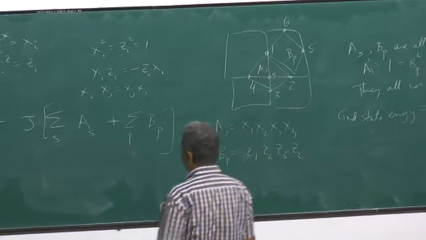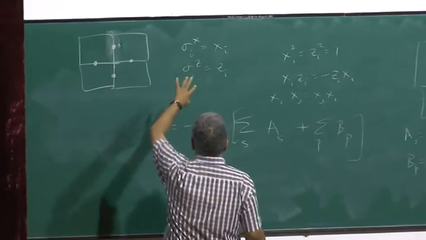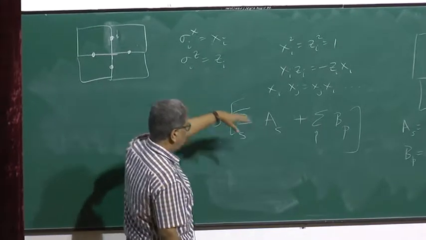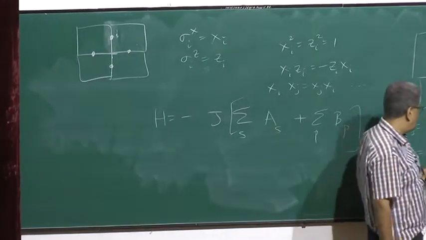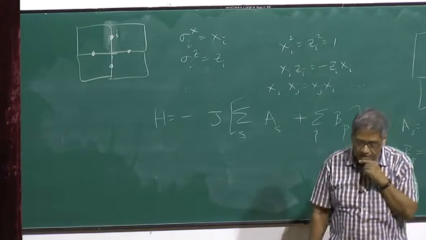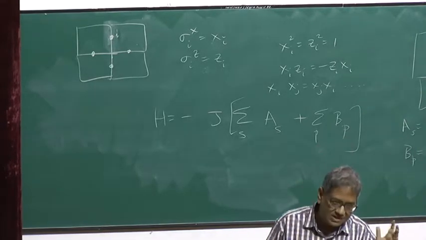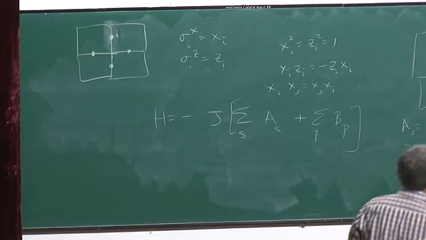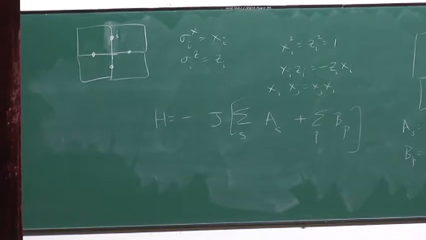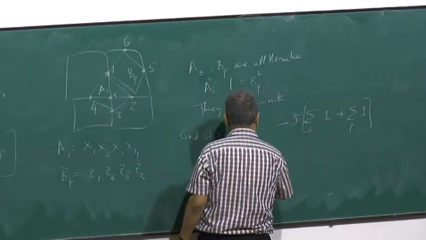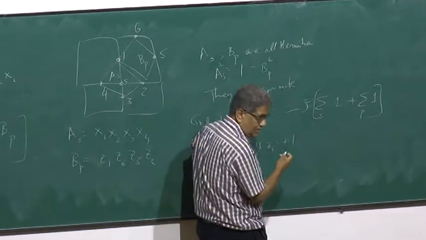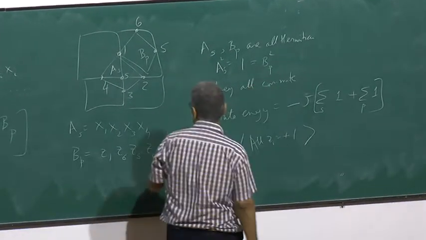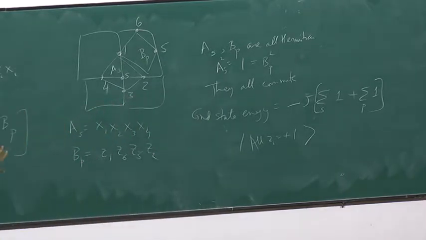Now, let us try to figure out what the ground state is. Because B_P is the product of 4 Z's, if I take a state where all the Z_i are equal to plus 1, so all of them are up, this is clearly the ground state of the second part of the Hamiltonian.